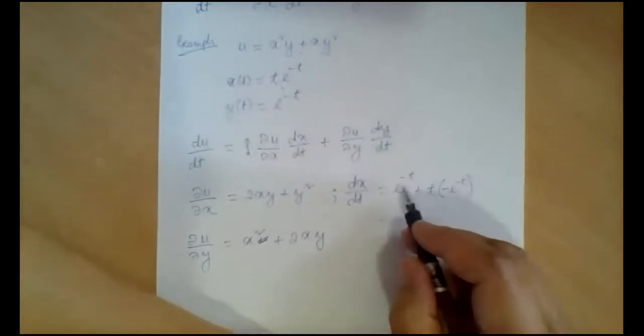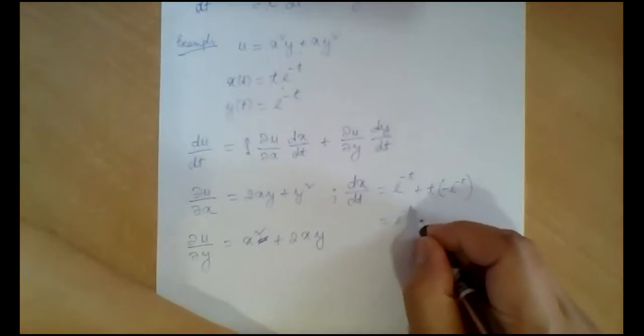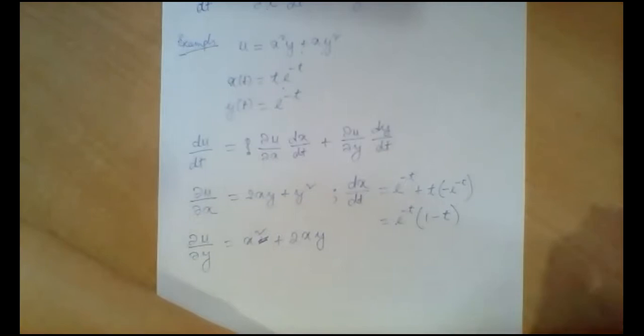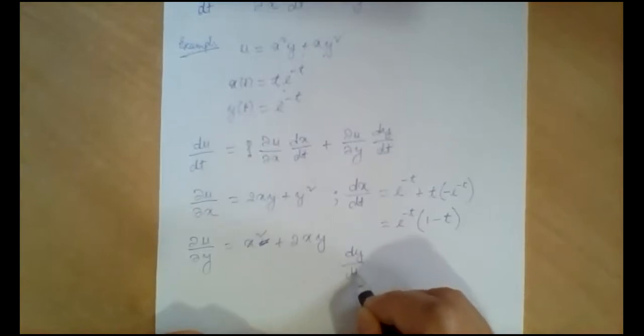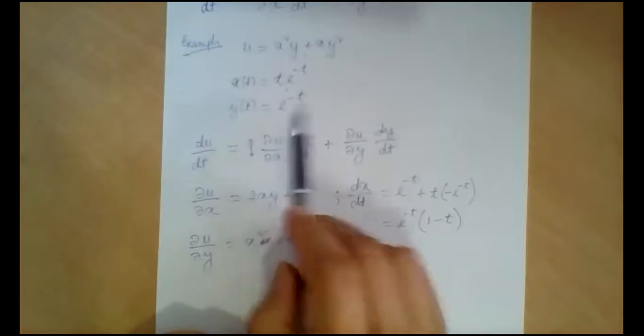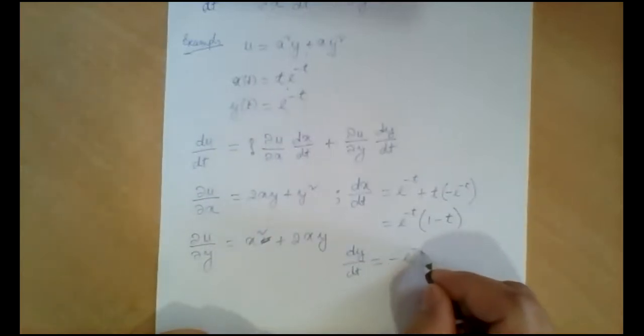I can take e to the power minus t common, so 1 minus t. This is dx by dt. Similarly, dy by dt is the derivative of y, which is minus e to the power minus t.